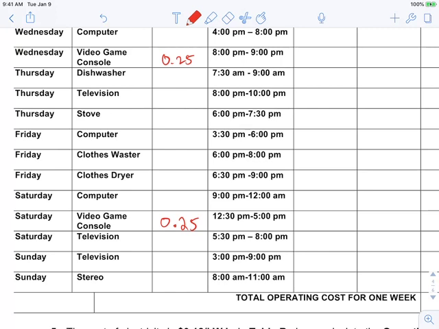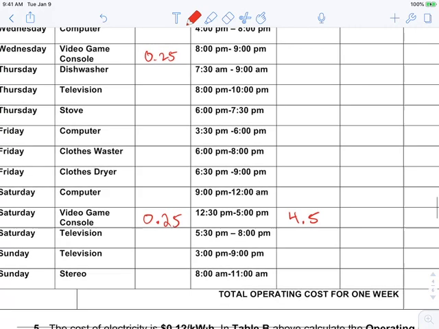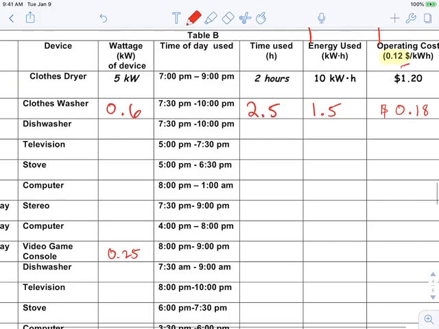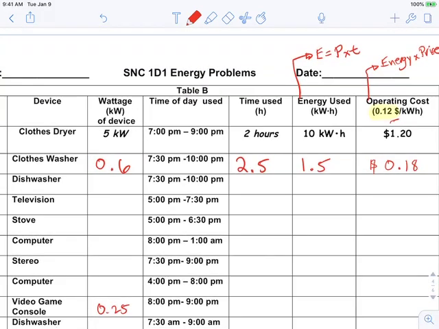The thing that's going to change is how long did we play for? So we played from 12:30 to 5 o'clock. That's disgusting. That's way too long. So that's 4.5 hours and no solo wins. So 4.5 times 0.25. So now we have our power, 0.25. We have our time, 4.5. So to get our energy, if you take a look at the top of your page, you should have written down the formula. Energy equals power times time.